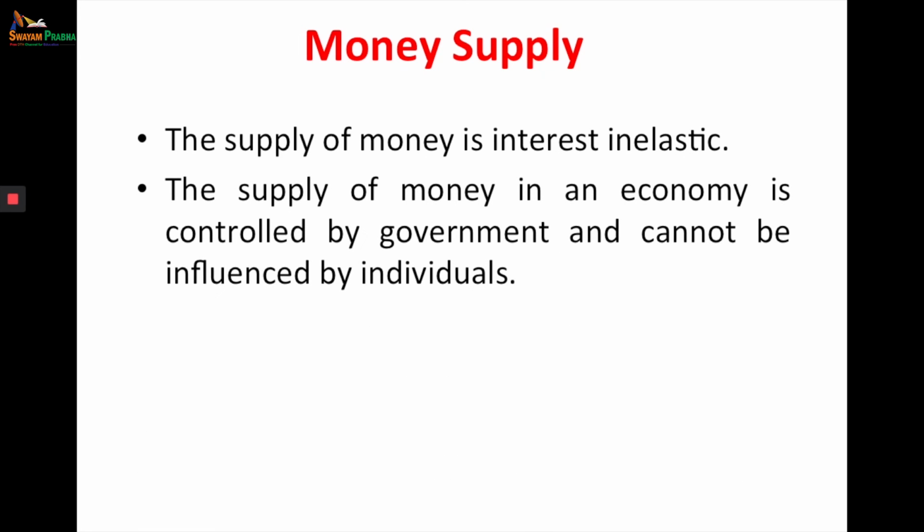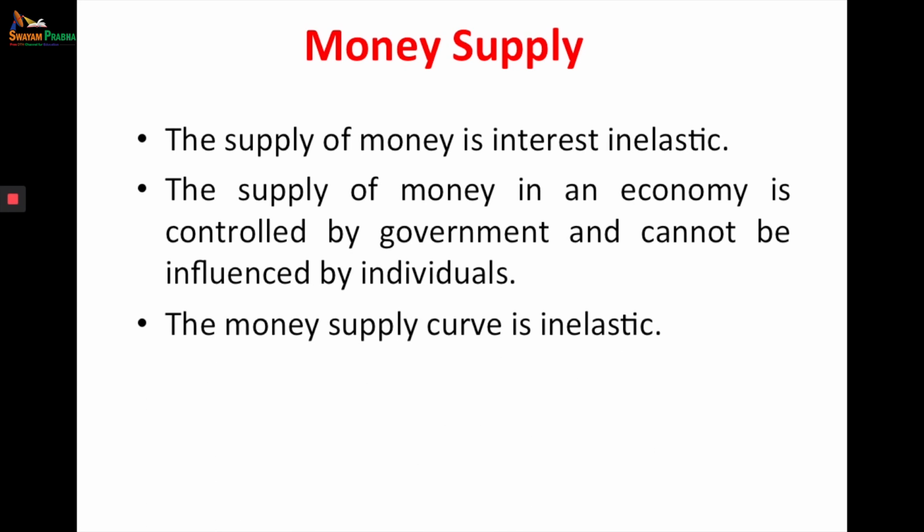Second is money supply. The supply of money is interest inelastic. The supply of money in an economy is controlled by the government or the monetary authority, like the RBI in India or the central bank in other countries, and cannot be influenced by the individual.